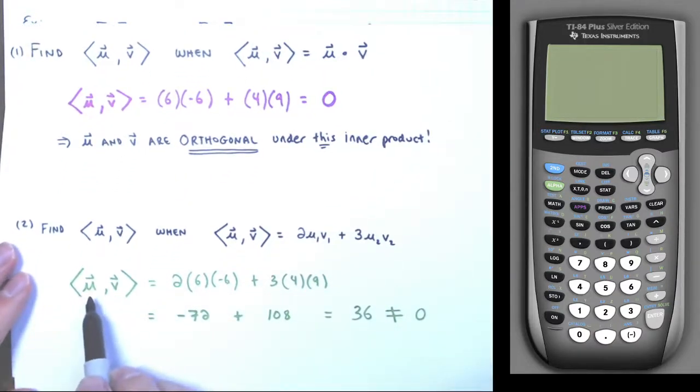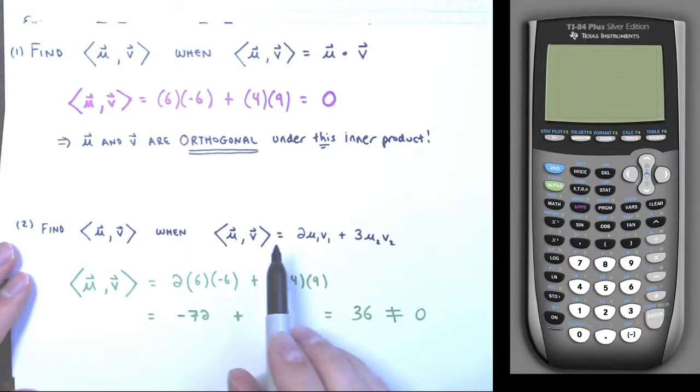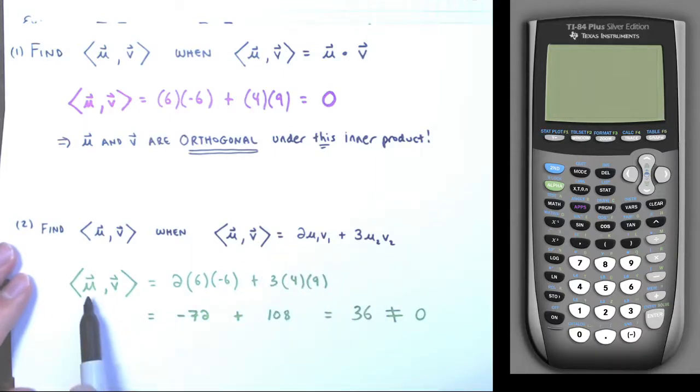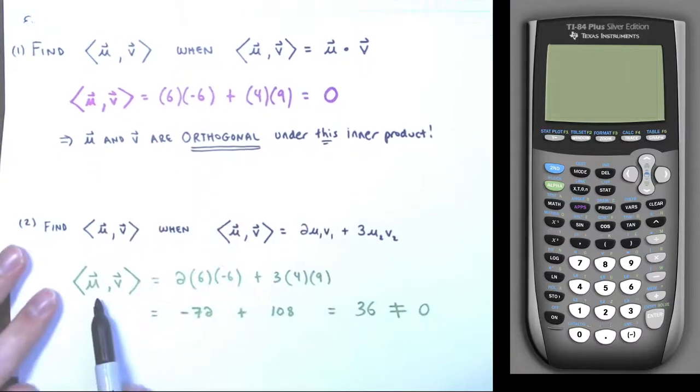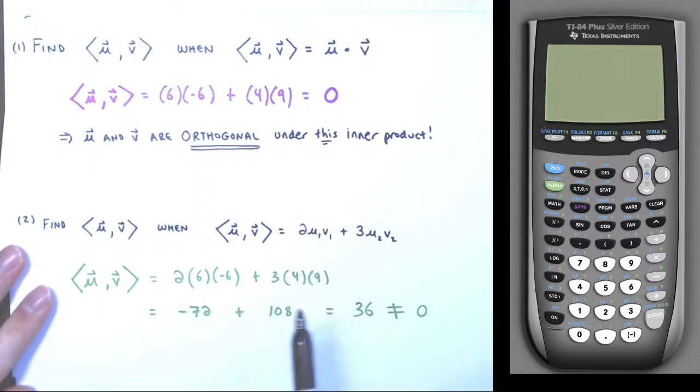Since for this second inner product, the inner product of these two vectors, 6, 4 and -6, 9, was not 0, u and v are not orthogonal under this inner product.